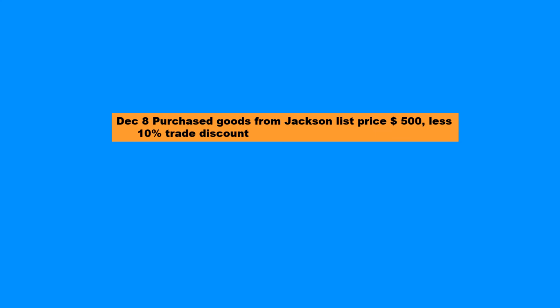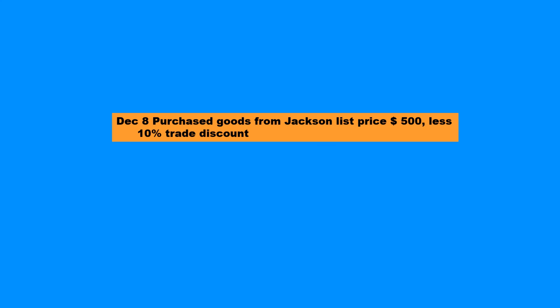Let us look at one example involving purchases. What we've seen so far are examples involving sale of goods to credit customers and return of goods from credit customers. Now let us look at purchase of goods from credit suppliers.